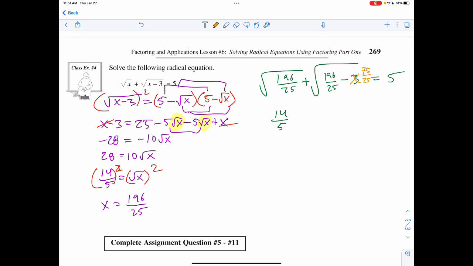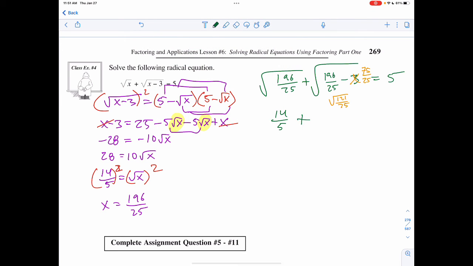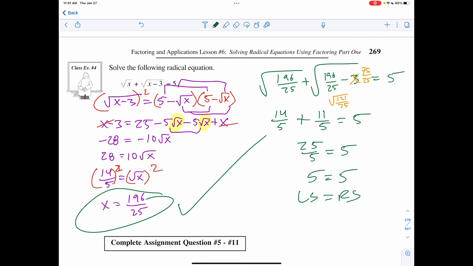And when I subtract those two, this is actually the square root of 121 over 25, or 11 over 5 when I take the square root. 14 over 5 plus 11 over 5 is 25 over 5, which just gives me 5. My left side equals my right side. And I know this works. All right, go ahead and get some practice done.